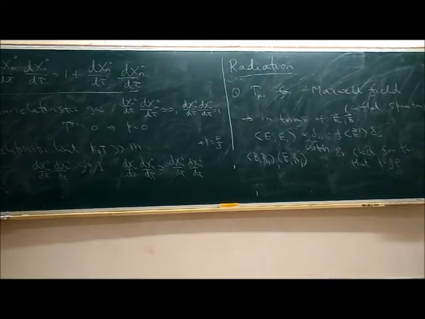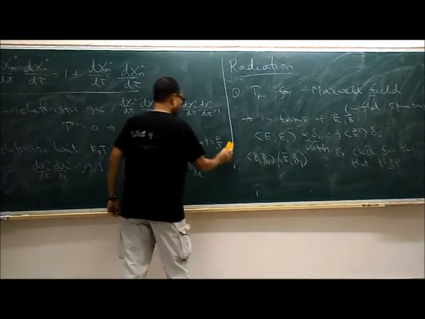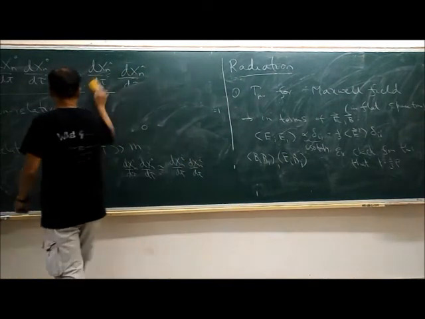Okay, so this takes care of matter and radiation. Now you have to talk about a third kind of source of T mu nu, and that's the cosmological constant.